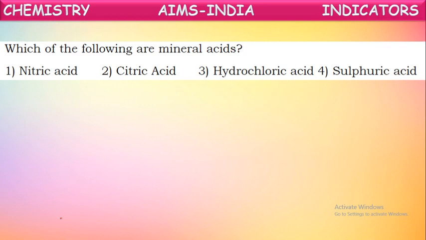Nitric acid is one of the inorganic acids, but citric acid is an organic acid because it is obtained from natural substances like citrus fruits, for example lemon and orange. So it is obtained from natural resources. Hence it is called an organic acid, not a mineral acid.